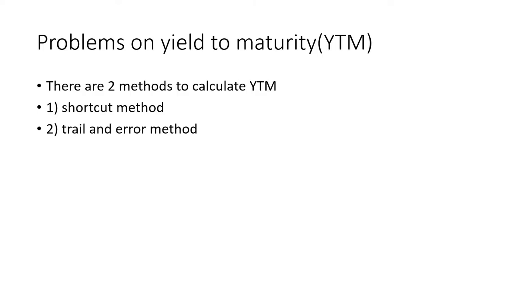The shortcut method is also called the approximation method, so that is not an exactly accurate value but approximate. The second one is called the trial and error method. First we will solve the problem by using the shortcut method or approximation method, and then we will solve it with the trial and error method.